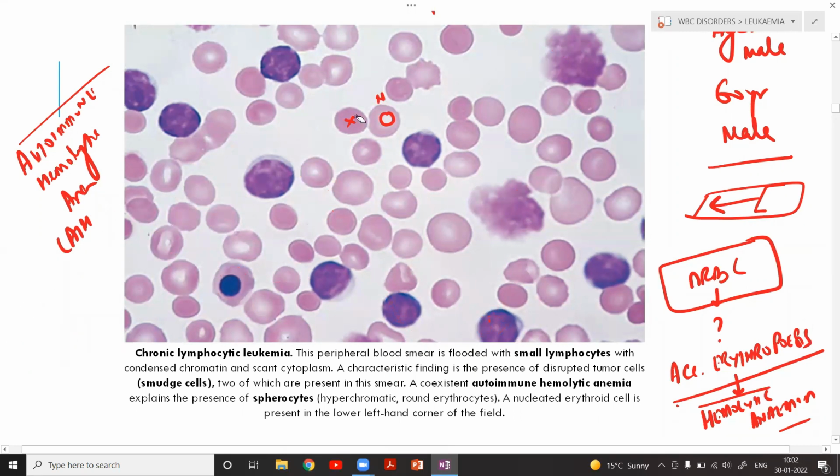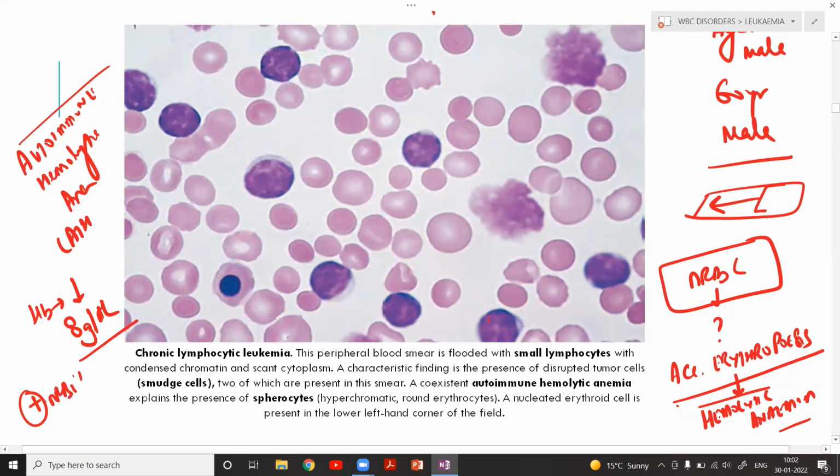Whenever you see a clinical history in your exam, you should always see whether the peripheral blood smear is showing features, whether the hemoglobin is decreased, for example around 8 gram per deciliter, indicating some sort of hemolysis. Whether any findings of NRBCs are mentioned.